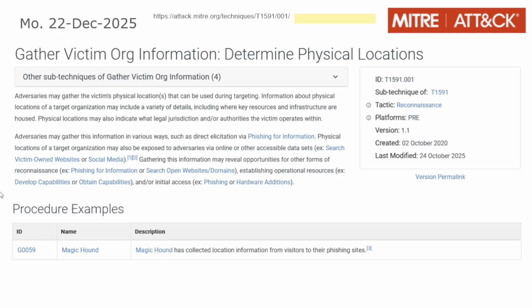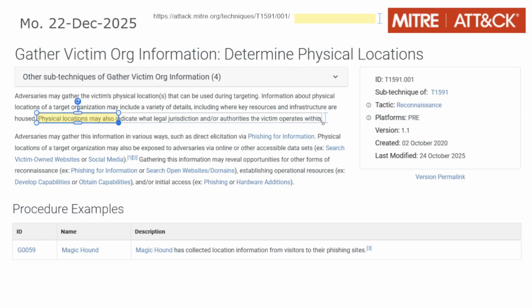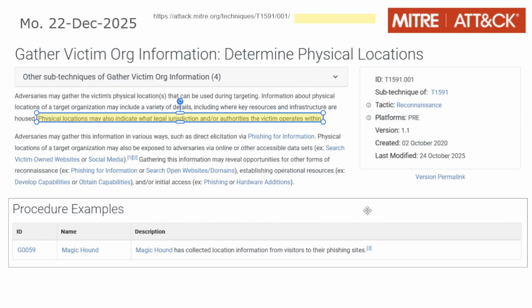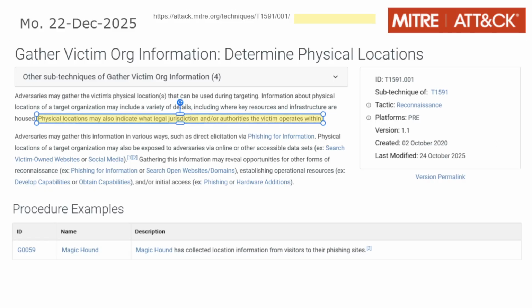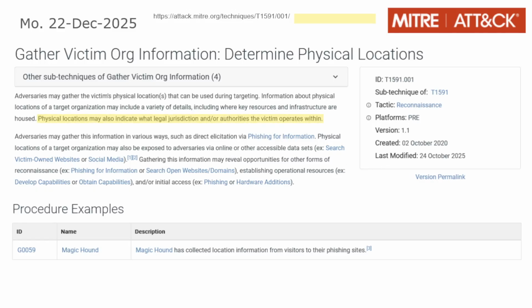Physical locations may also indicate what legal jurisdictions and/or authorities the victim operates within. That's true as well, and we have to mark that down because that sentence is unique for this technique, I think. So it's about jurisdiction, legal, and authorities where it operates.